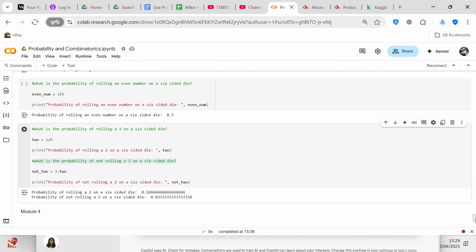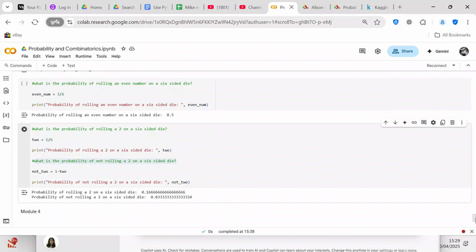So we have some other questions about probability. What is the probability of rolling an even number on a 6-sided die? An even number is 3 divided by 6, or 0.5. Then we have the question: what is the probability of rolling a 2 on a 6-sided die? A 2 is 1 divided by 6. And what is the probability of not rolling a 2 on a 6-sided die? There are 2 ways you can do that.